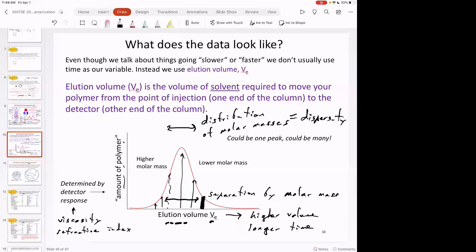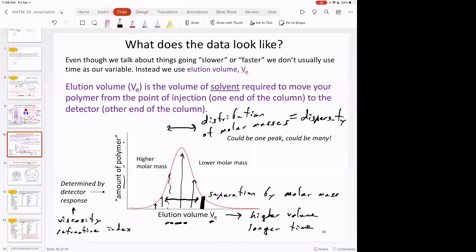So that's important to remember how this distribution is built up. So the magnitude of the detector response tells you how much polymer is in there, or amount of polymer. And the elution volume gives you an indication of the molecular weight because it tells you about the size. So you want to think about how you put both of those things together to get this distribution.